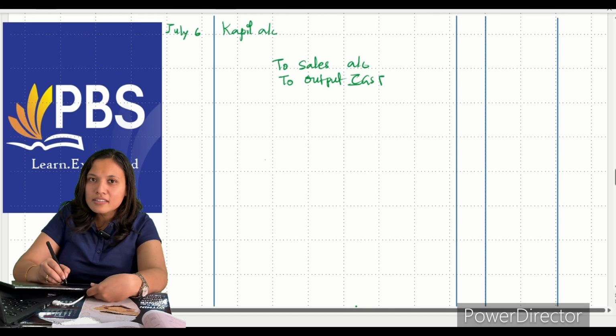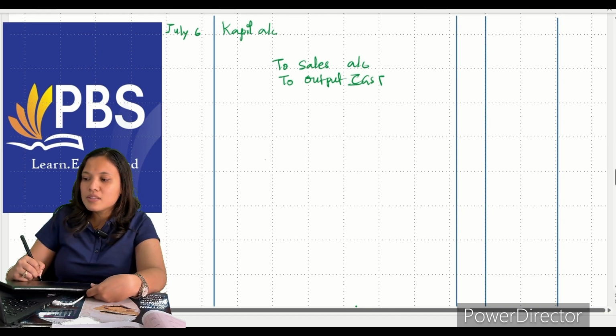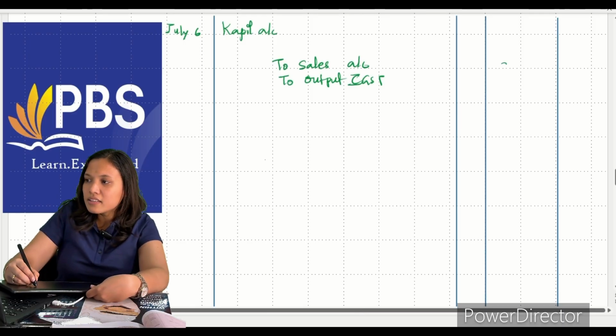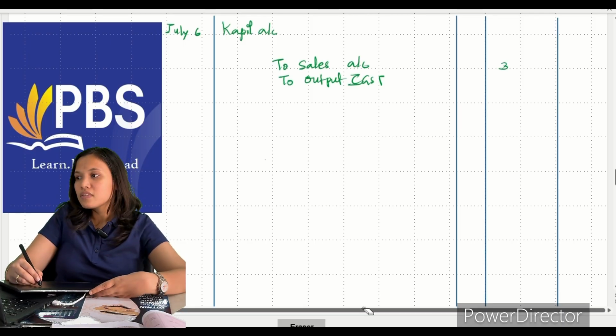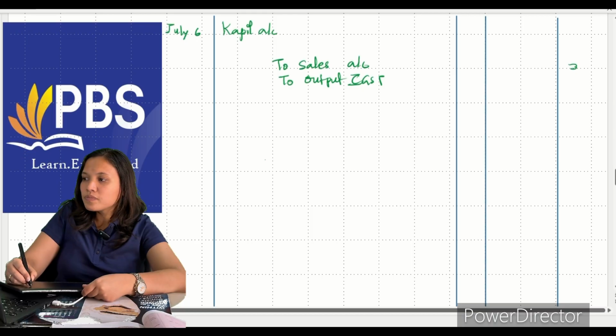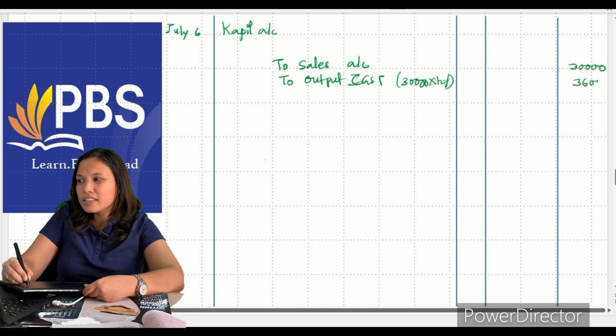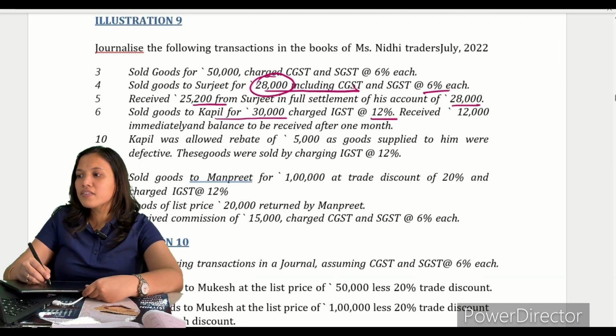Can you think? What is the sales value given to us? Think till I write this. 30,000 is my sales value. So GST is at 12%, so it is 3,600.